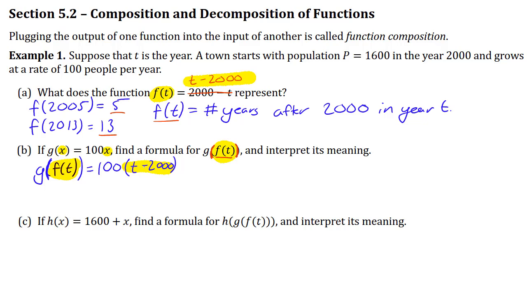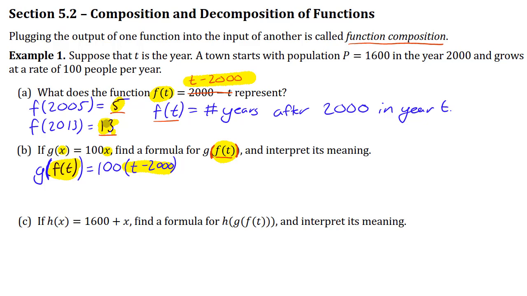So this is an example of function composition here. We're taking the output of the function f. The output of the function f is the result of like t minus 2000, and making that be the input into the function g. Okay, so what does this mean? Well, let's see.